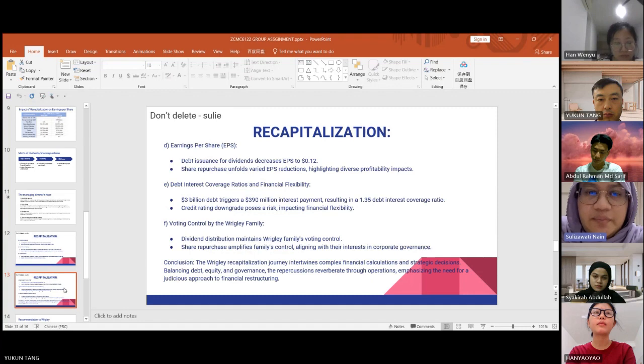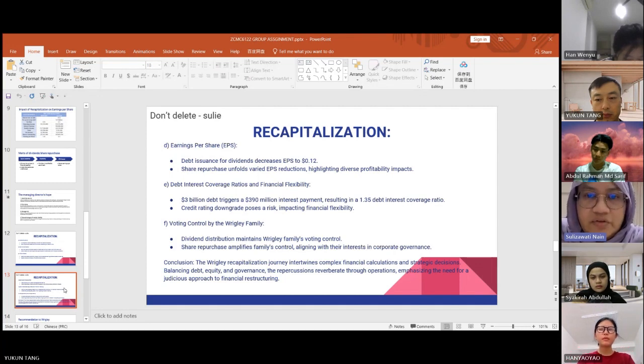For earnings per share, EPS, debt issuance for dividends decreases EPS to 0.12 cent, and share repurchase has a varied EPS reduction, highlighting diverse profitability impact. So for debt interest coverage ratio and financial feasibility, 3 billion debt triggers 390 million interest payment, resulting in a 1.35 debt interest coverage ratio.